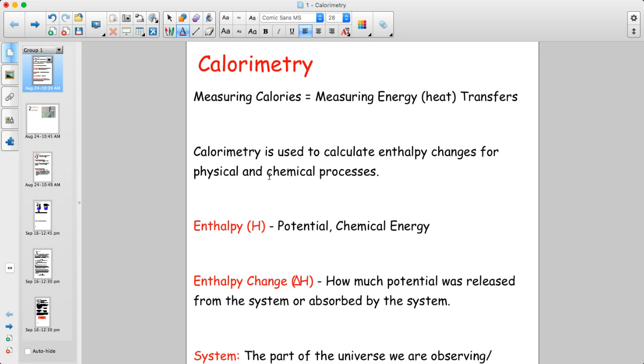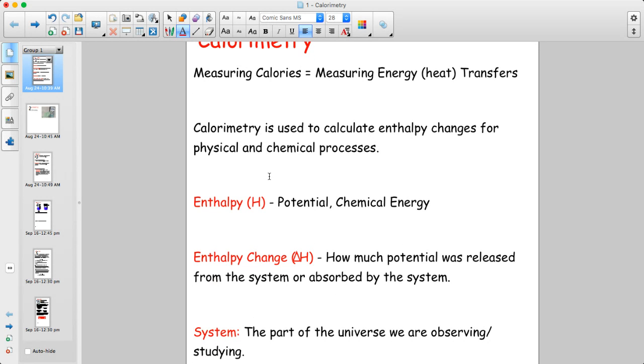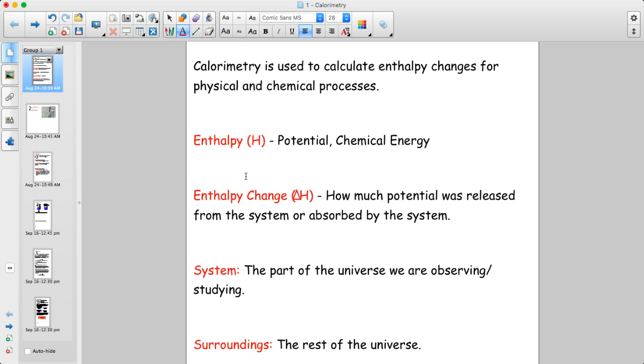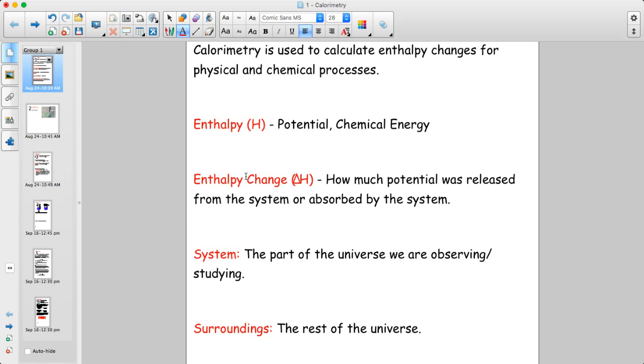So calorimetry is used to calculate enthalpy changes, which are sort of like energy changes for physical and chemical processes. This term enthalpy, you can think of it essentially as potential chemical energy, stored energy within these substances, within these molecules. And enthalpy changes are the amount of energy that is released or absorbed by the system during these changes.